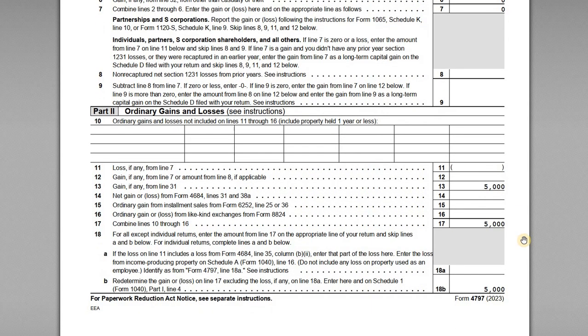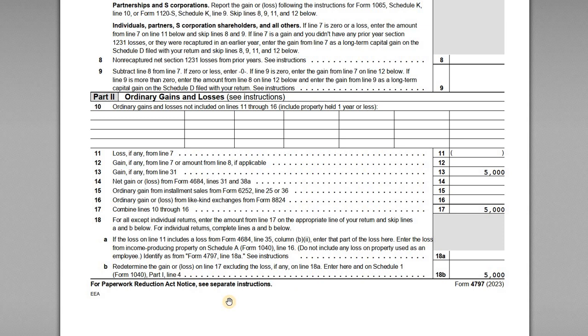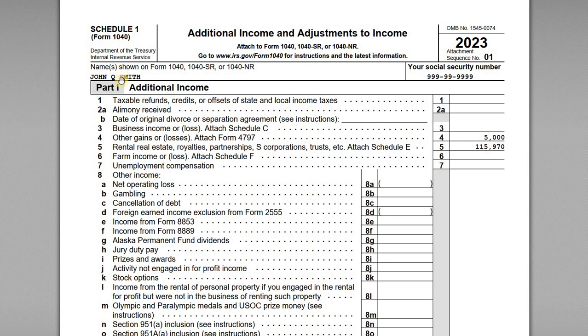Now, once the Form 4797 is completed, we actually need to get these details flowed through to the rest of the return. So we have a $5,000 figure on 18B, enter here, and on Schedule 1, Part 1, Line 4. So if I go to Schedule 1 of John's Form 1040, we've got Part 1, Line 4, Other Gains or Losses from Form 4797, and there's our $5,000 figure.